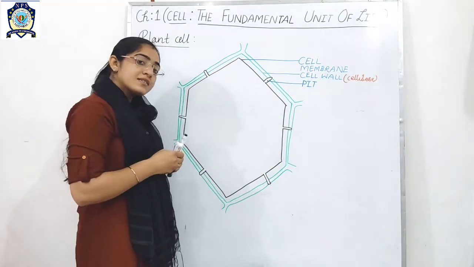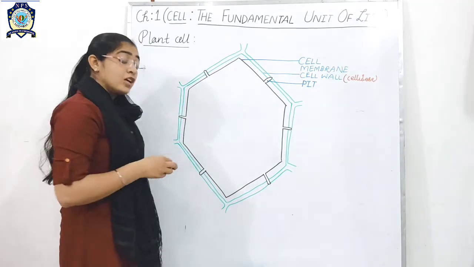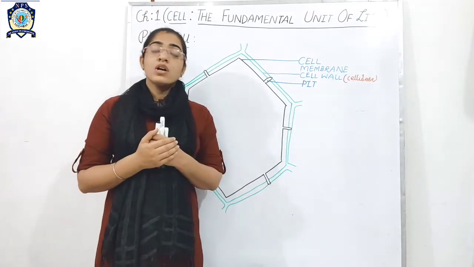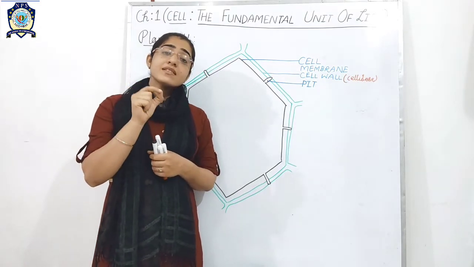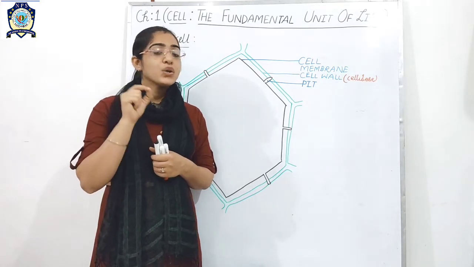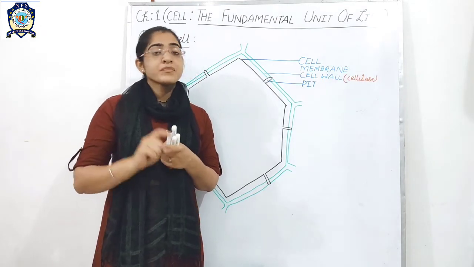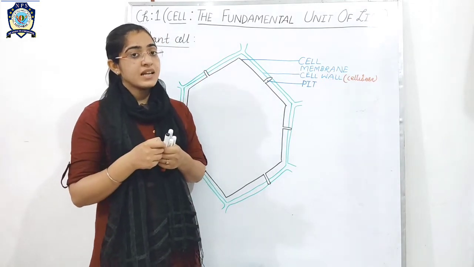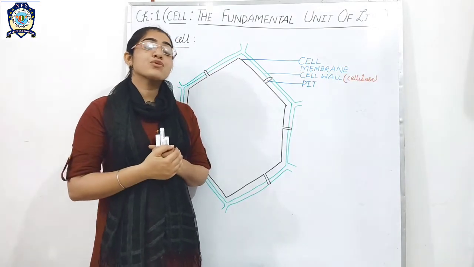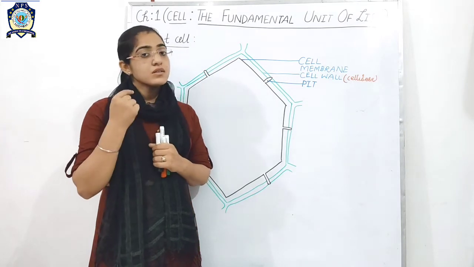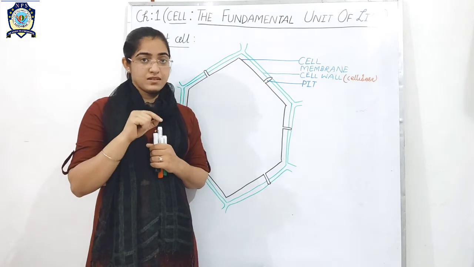The pit of the plant cell is just for the exchange of material, because students, as you know, I told you in the first class that the cell is the basic structural and functional unit of life. In the animal cell, cells join to form tissues, tissues join to form organs, organs join to form organ systems, and finally the organism.